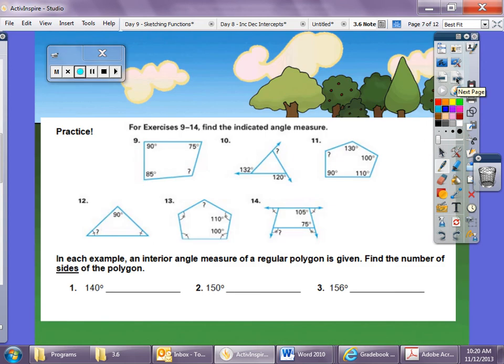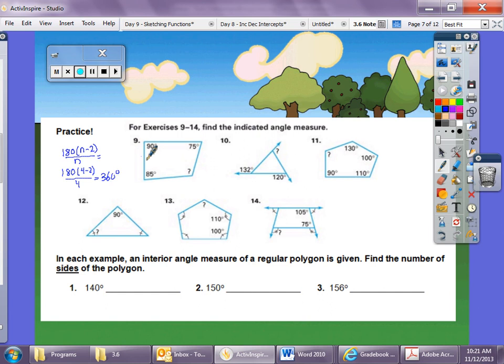Now if we practice, find the indicated angle measures. Well, we know that this has 4 sides, so 180 times n minus 2 divided by n. 4 sides, 180 times 4 minus 2 divided by 4, that's going to give us 360. So we know that this shape will add up to 360 degrees.